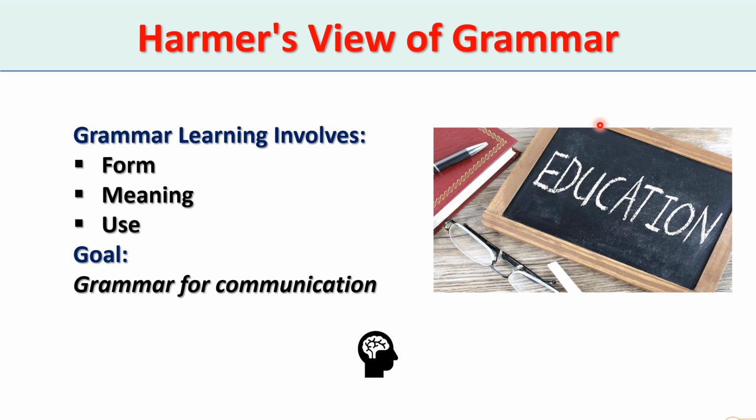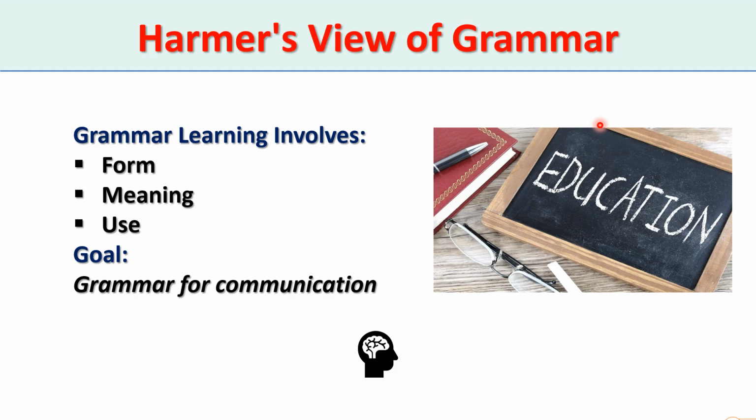Thank you, honorable. Your question is asking about what is the difference between form and structure. Is it right? My understanding, form refers to how a grammatical item is built, its pattern or construction. For example, the form of present simple is subject plus base verb, for example, I work or she works.